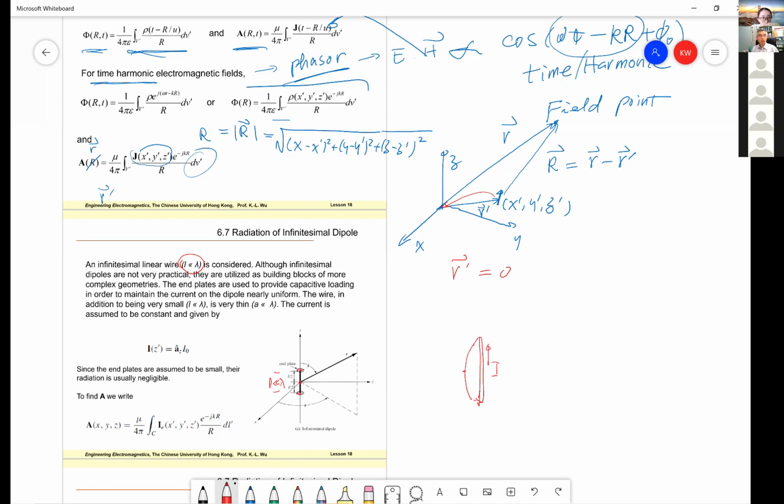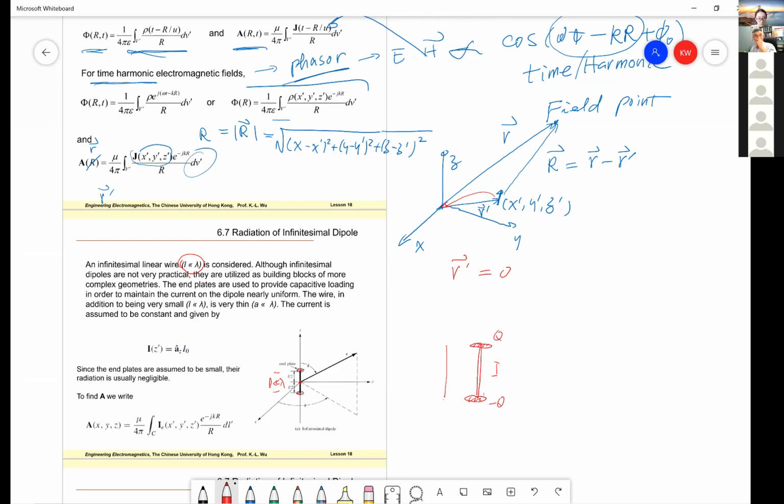Unless I like to retain a constant current, okay? If I want to retain a constant current distribution, what I try to do is put a small plate with charge, so I have a plus charge and a minus charge, okay?